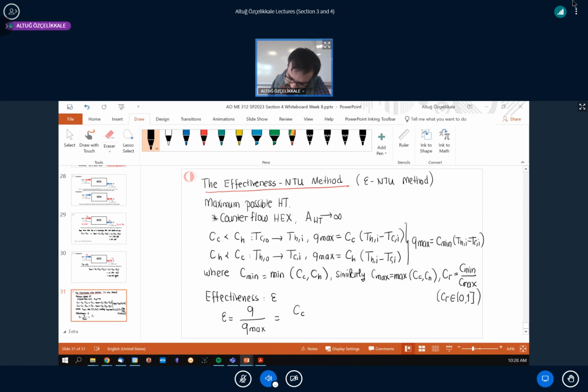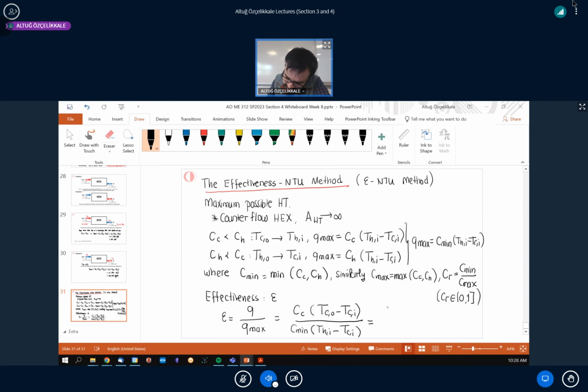So you can calculate this based on, again, the energy balance: the cold fluid outlet temperature minus the cold fluid inlet temperature, divided by C min times the hot fluid inlet temperature minus the cold fluid inlet temperature.